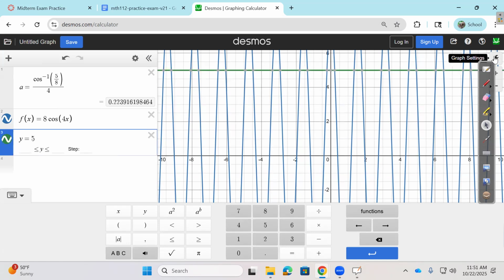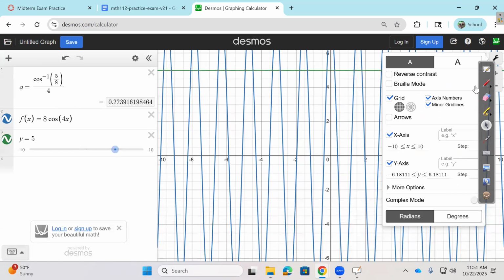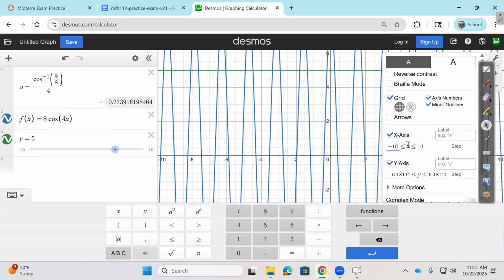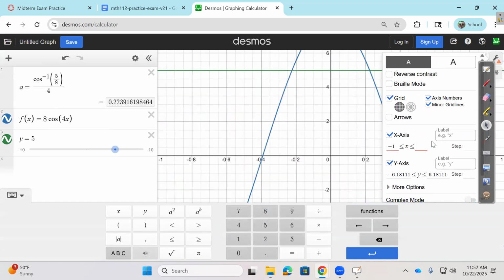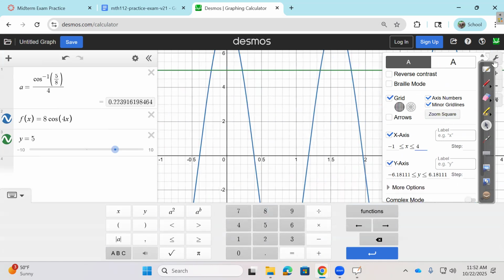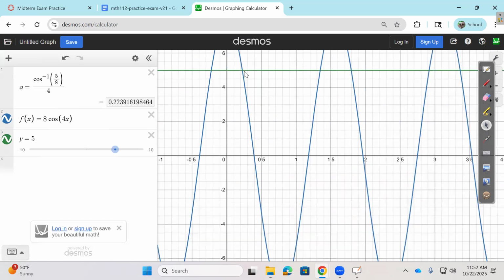Let's adjust this screen because that's a lot of intersections there. It's hard to read. Let's go from -1 up to maybe 4. Should be good enough. All right, so I think I found this point right here. 0.22392. So I do have that one.